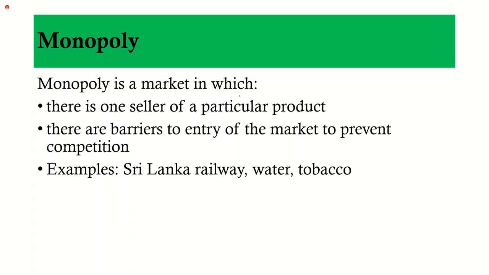Now, monopoly, there's only one firm, isn't it? One firm. Can you think of any monopolies in Sri Lanka? Anyone? I've given a few. Basmati rice shop. Sorry, say that again, please. Basmati rice shop.